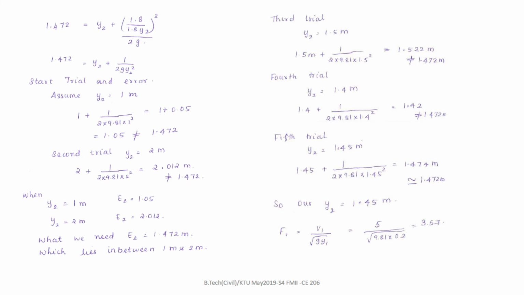Now you have to do the analysis. When we assume 1 meter for Y2, we get energy as 1.05 meter. When we assume Y2 is equal to 2 meter, we get the energy as 2.012 meter. What we need is energy as 1.472, which lies in between 1.05 and 2.012. So you have to assume another value which has to be in between 1 meter depth and 2 meter depth.